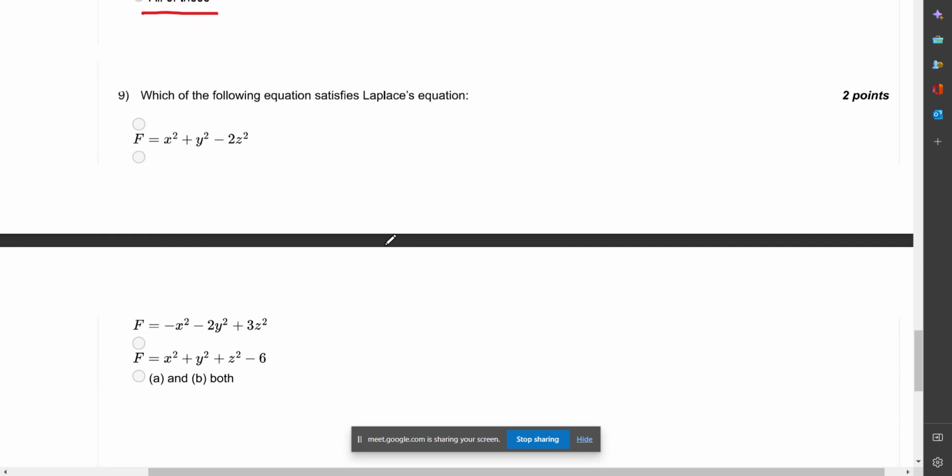Question number 9: which of the following equations satisfies Laplace's equation? Laplace's equation is del square f equals 0.